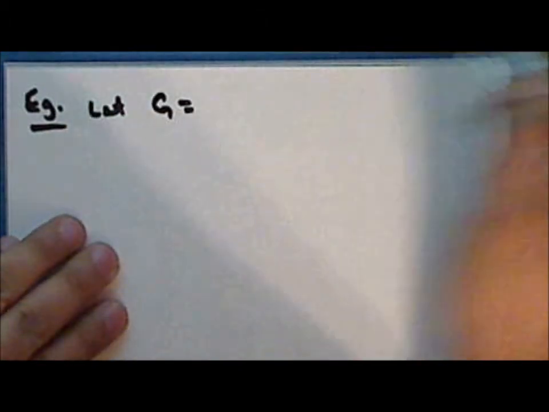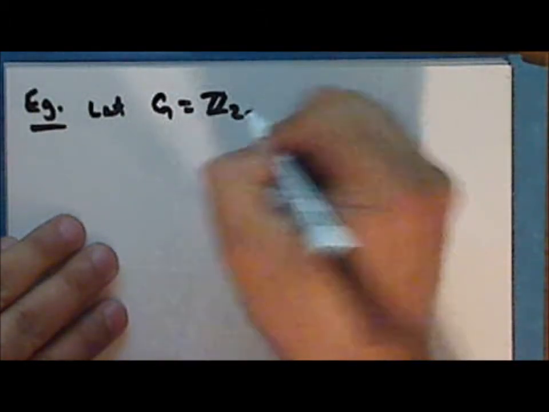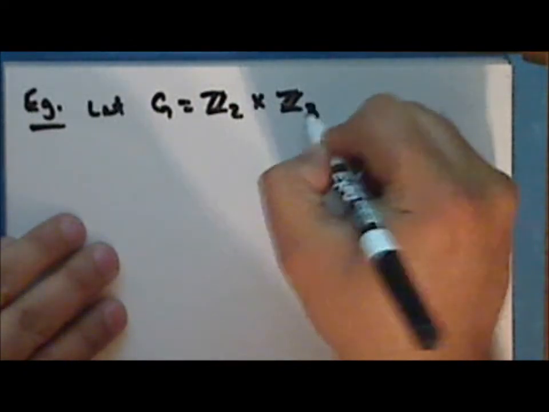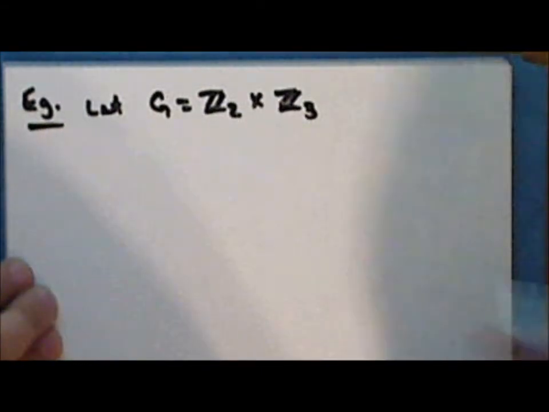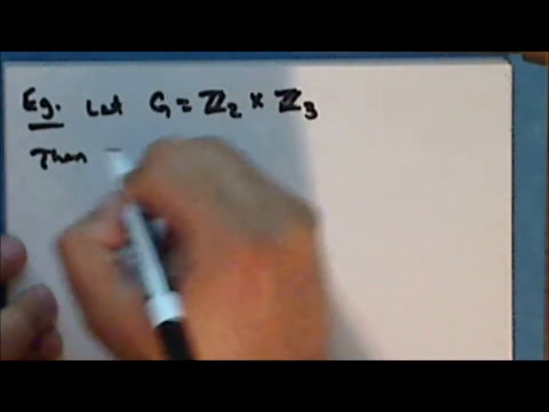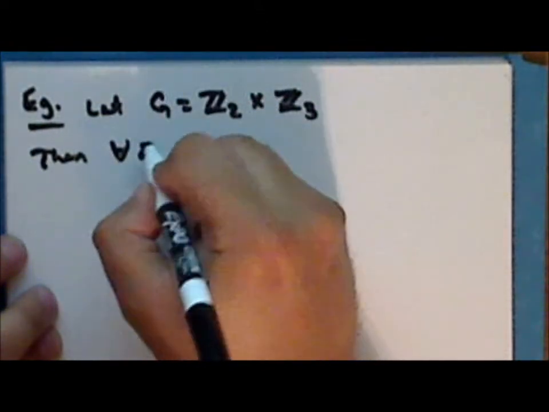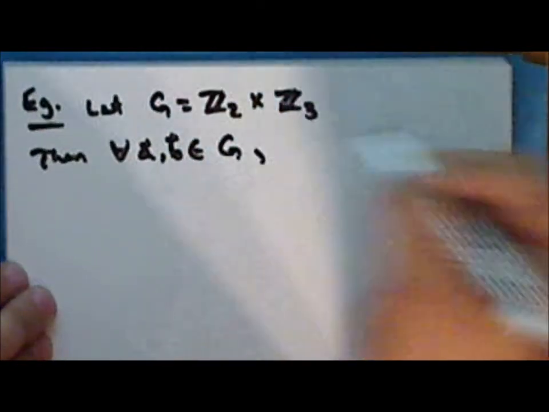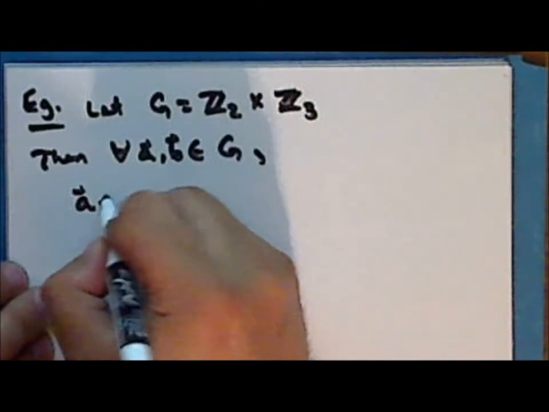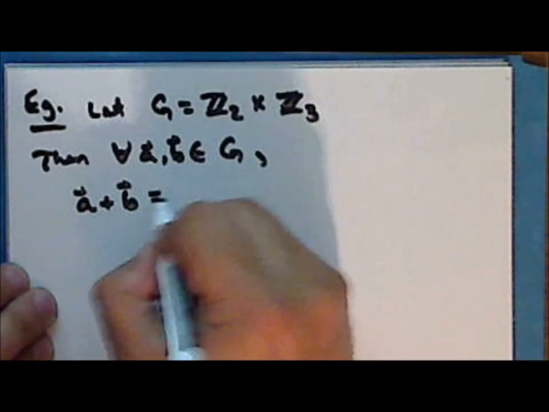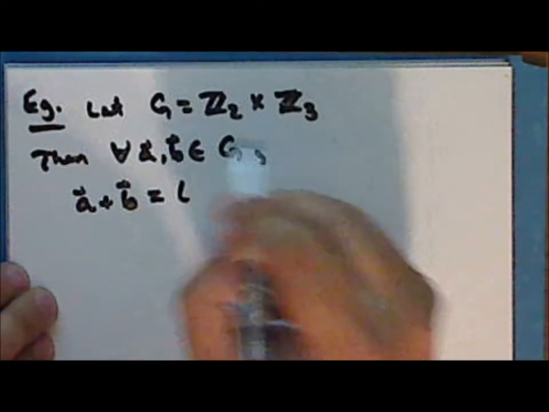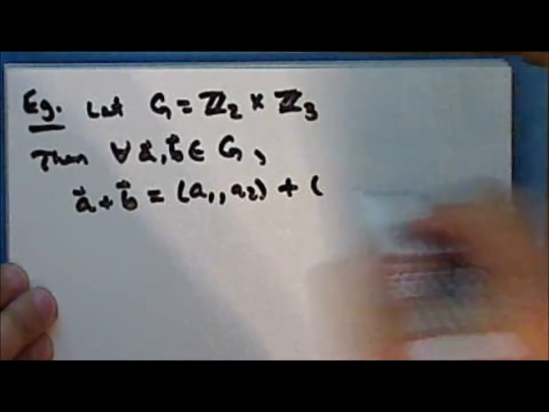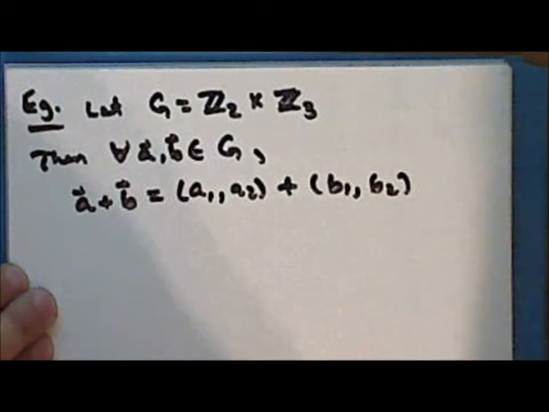So let's look at an example. Let G be the Cartesian product of the integers modulo 2 under addition with the group of integers modulo 3 under addition modulo 3. Then, for every two ordered pairs in this Cartesian product, we have that the sum of the two elements is the sum of the ordered pairs a sub 1, a sub 2, and b sub 1, b sub 2.